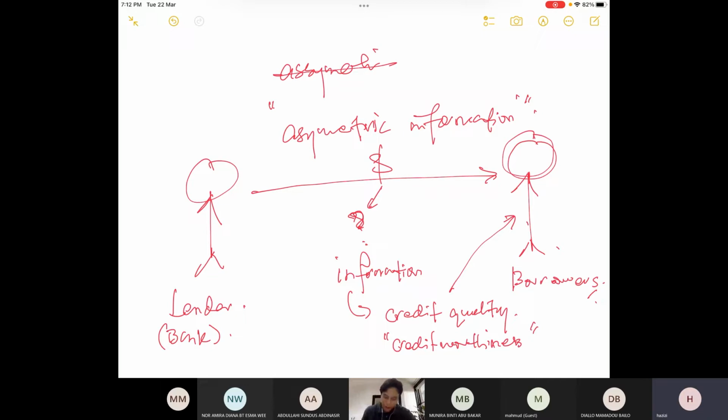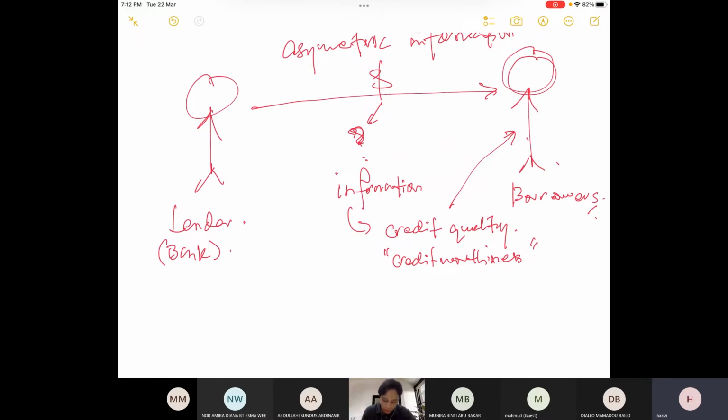So let me ask you this question, right? Who knows the best about this credit quality information, about the credit worthiness of borrowers? Who do you think knows the best about this information? Anyone can give a response before we break?